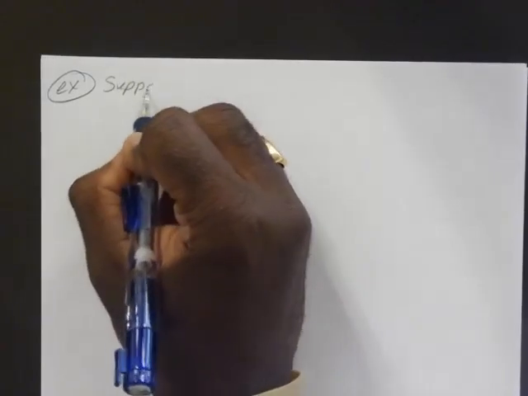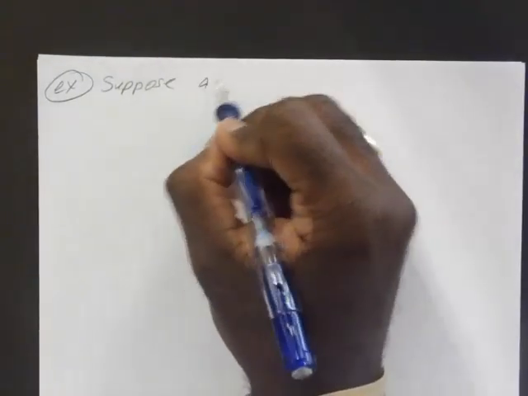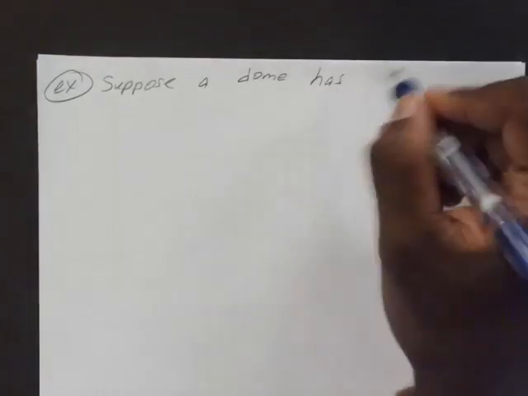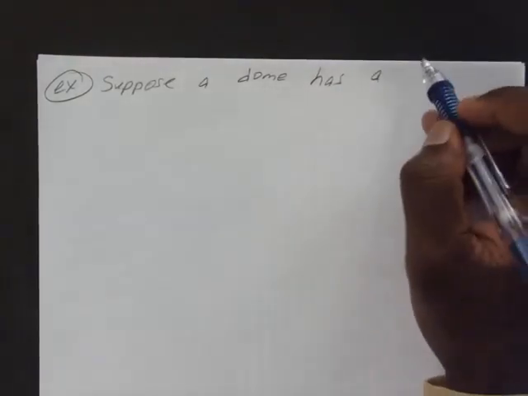Okay, so let's say, suppose we have a dome. It has a circular cross section.